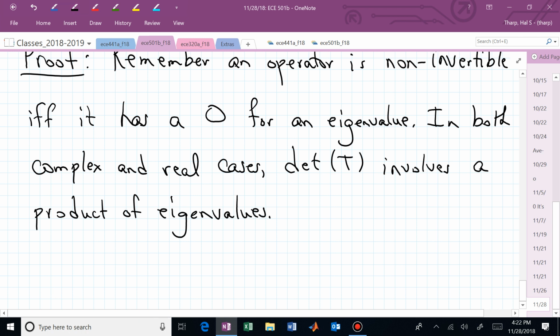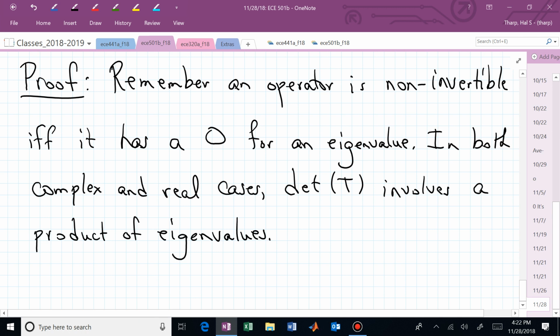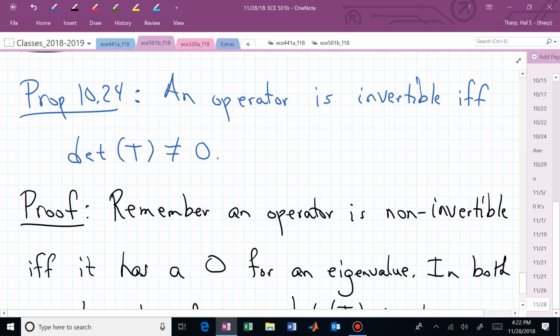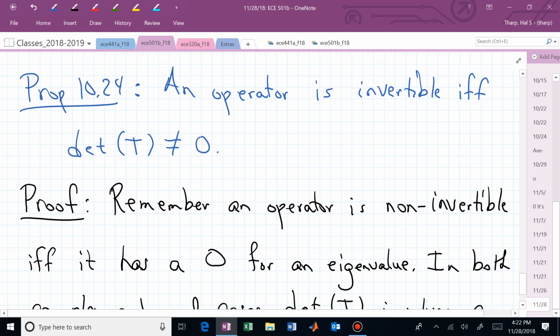So if we form the product and any of those is equal to 0, the product is going to be 0. So that allows us to say that here's this if and only if relationship.